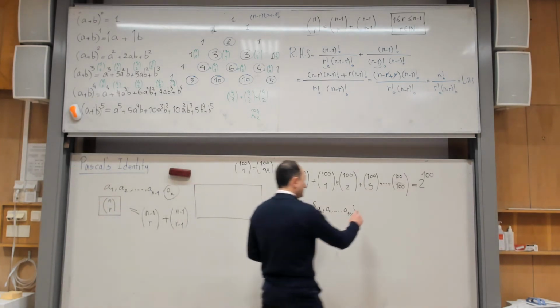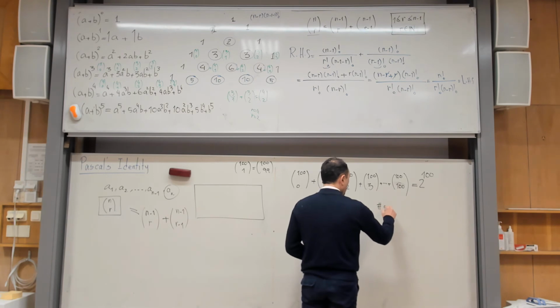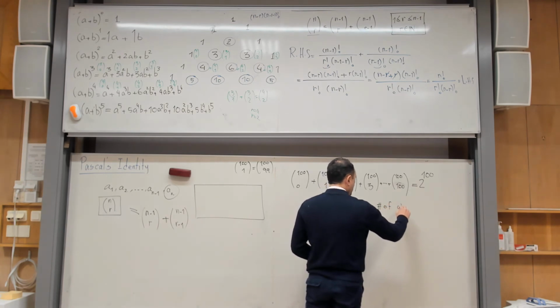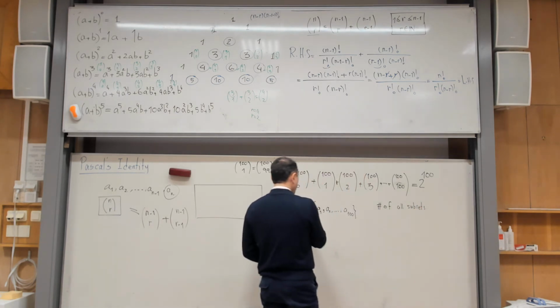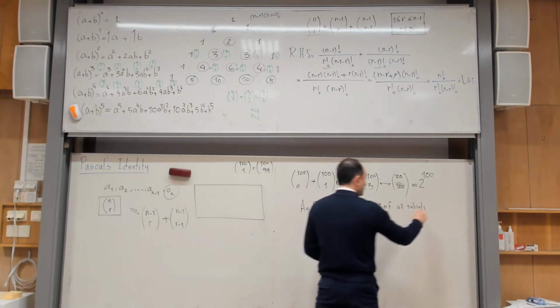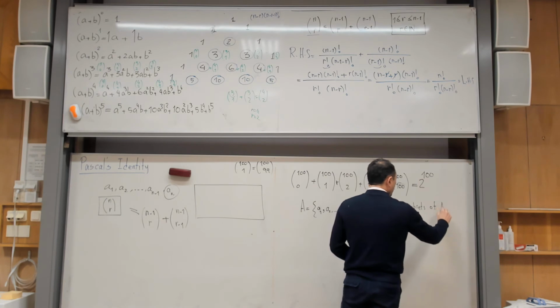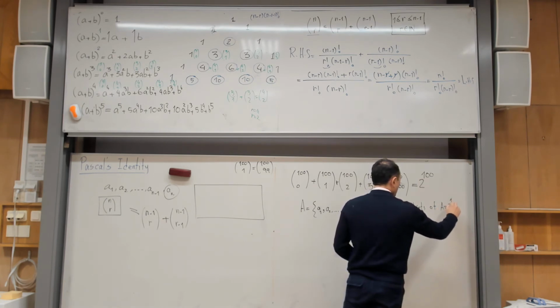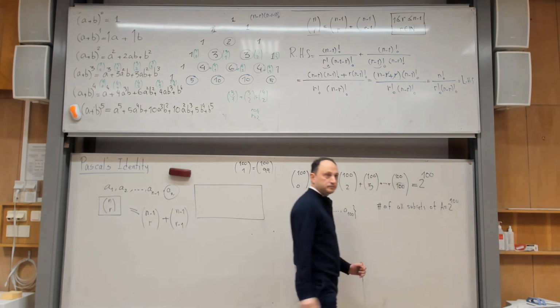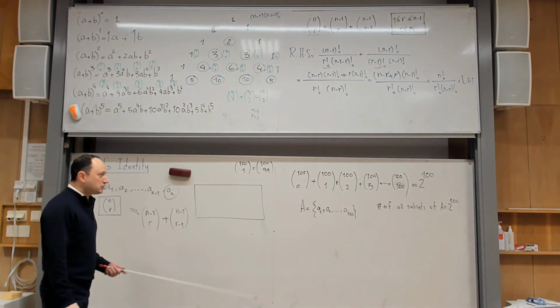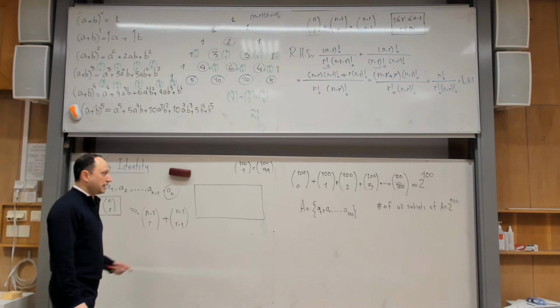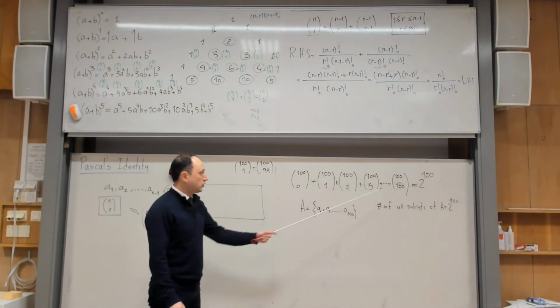The number of all subsets. So let me call this set A. All subsets of A is equal to what? 2 to the power of 100, yes? That is clear. But can you say why, on the other hand, that number should also be this number?